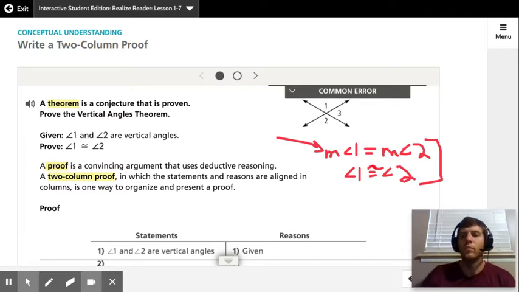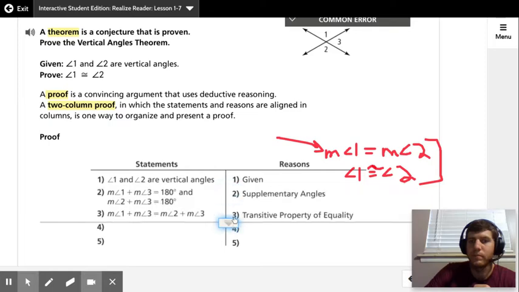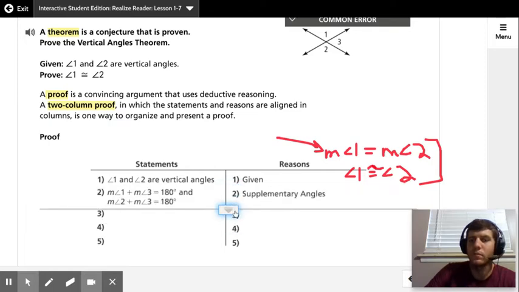Normally, what I would say here is that angle 1 and angle 3 are a linear pair, and that would be the definition of a linear pair. Then you would have to use the linear pair theorem to say that they are supplementary.